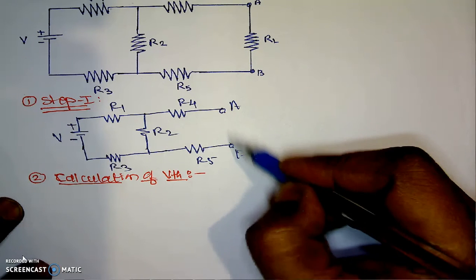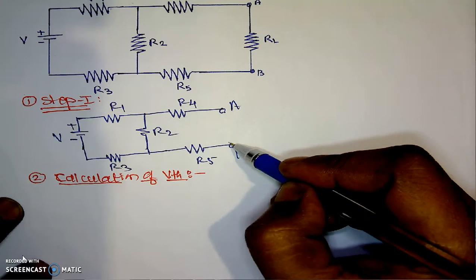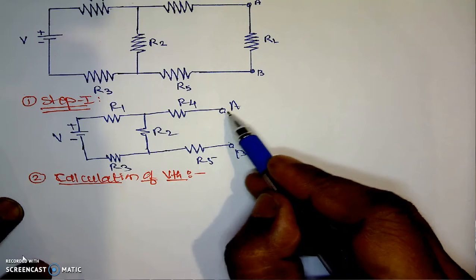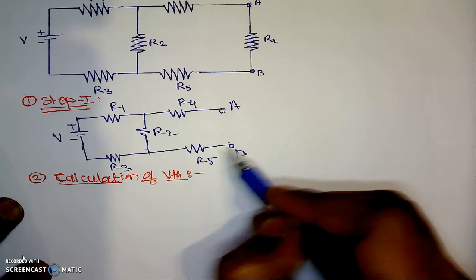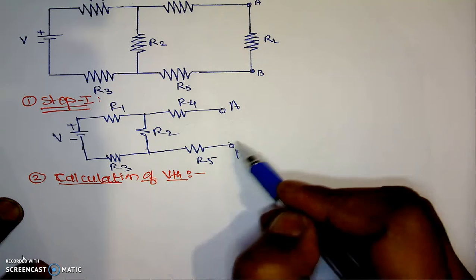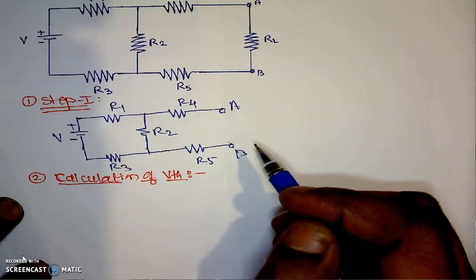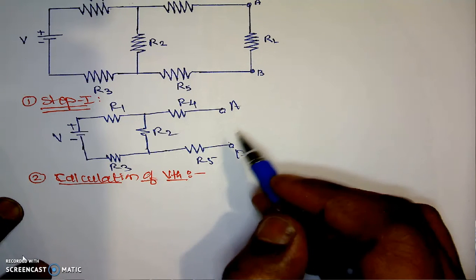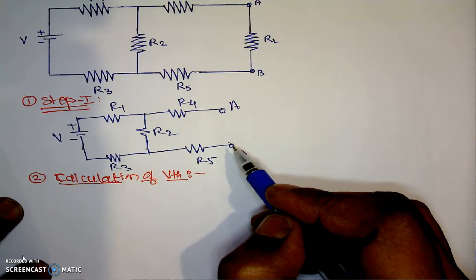Now, if we are calculating the potential between the terminals A and B, then here we have to travel from the terminal B towards A, because VTH is VAB, that is B to A. Sometimes we can calculate A to B, but generally we take its modulus value to avoid confusion of the sign.